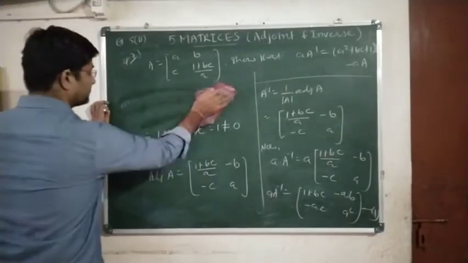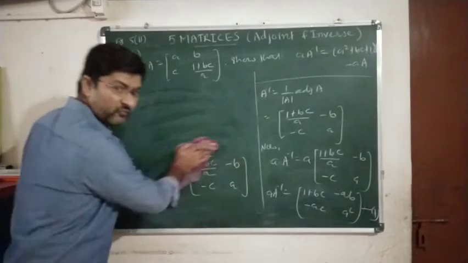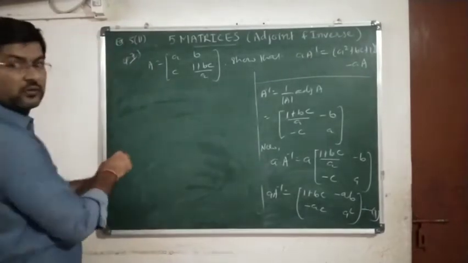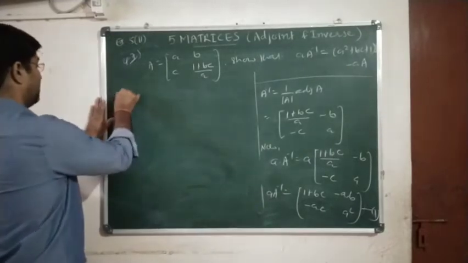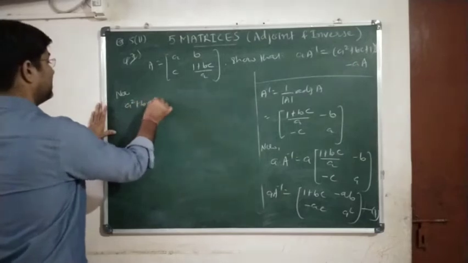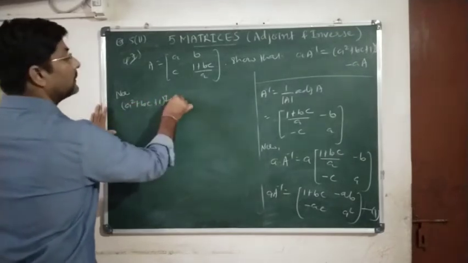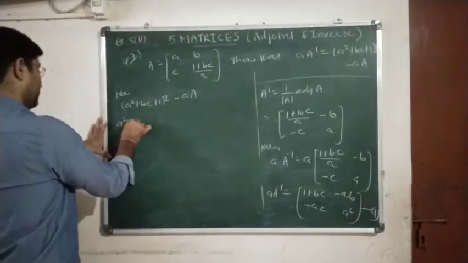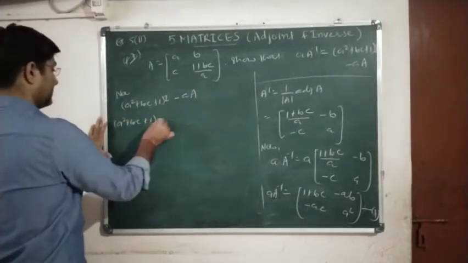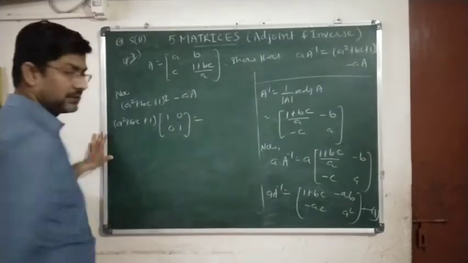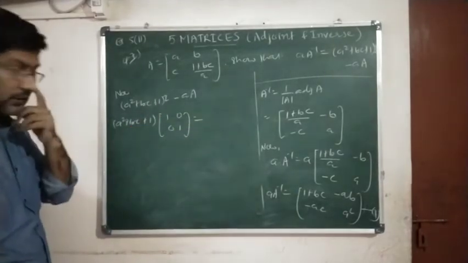Now, (A square plus BC plus 1) into I minus A into A square plus BC plus 1 into the matrix 1 0 0 1. I is an identity matrix of order 2 here.